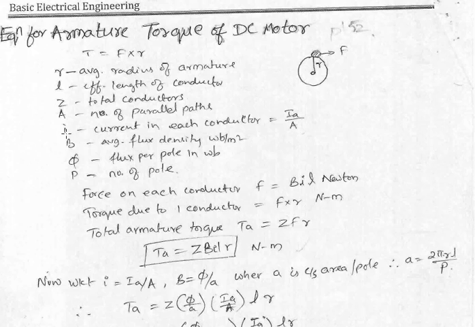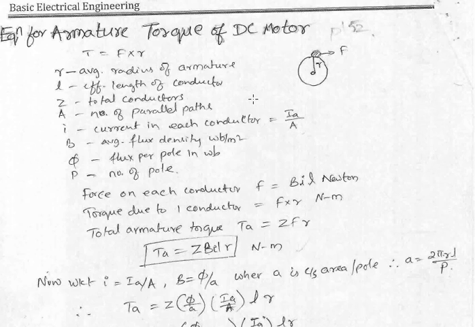And you can see lowercase i. What is lowercase i? It is the current in each conductor. We know all these Z conductors are divided into the number of parallel paths. So if I say armature current Ia, capital Ia, that is the total current carried by all the conductors together, because these conductors are placed in parallel paths.